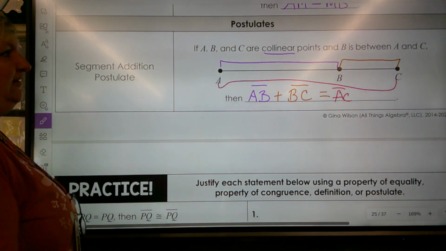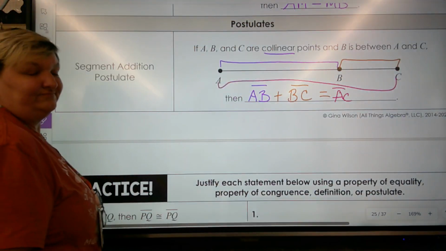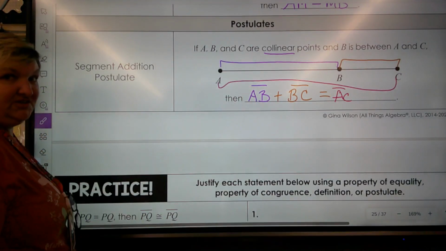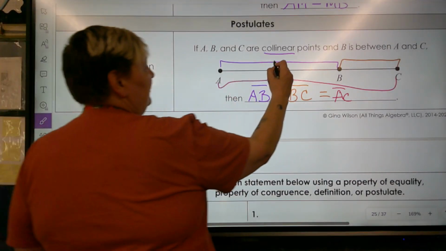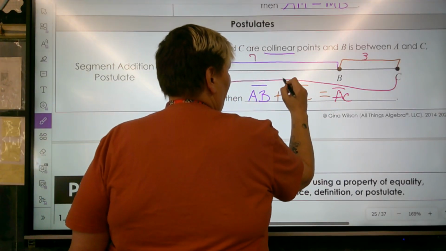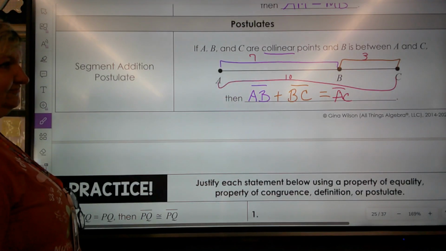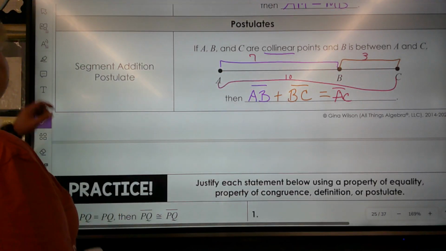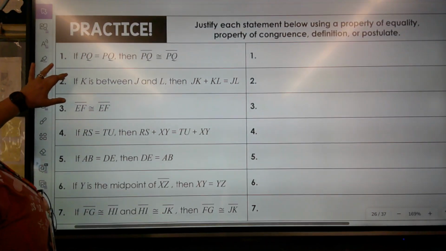This piece plus this piece equals the whole piece. That's our segment addition postulate. So if this is 7 and this is 3, then the whole thing together has to be 10.